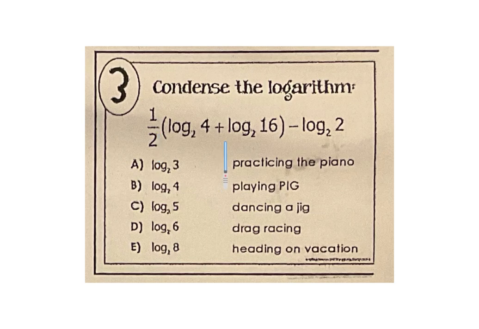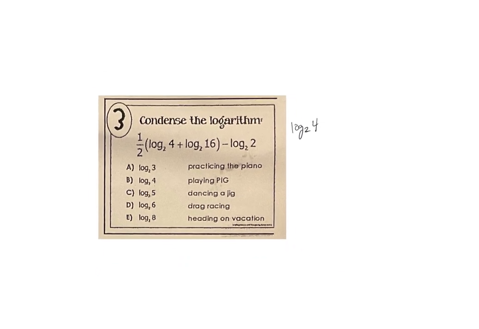The square root of 64 is 8. So this whole first number is log base 2 of 8. And this says minus log base 2 of 2. Minus means divide. So it's 8 from the front divided by the 2, which gives us the result of log base 2 of 4.